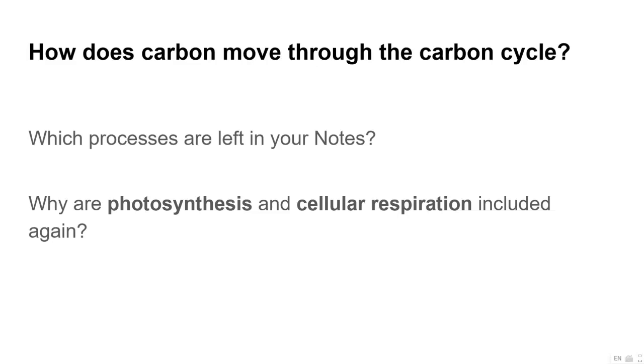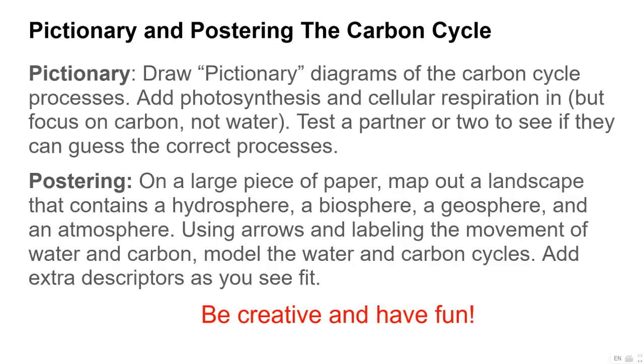They were part of the water cycle. Photosynthesis and cellular respiration cannot occur without water. They also can't occur without carbon. Okay, so that's kind of where the water cycle and the carbon cycle intersect. So those are two very important processes. That's why they're included twice.